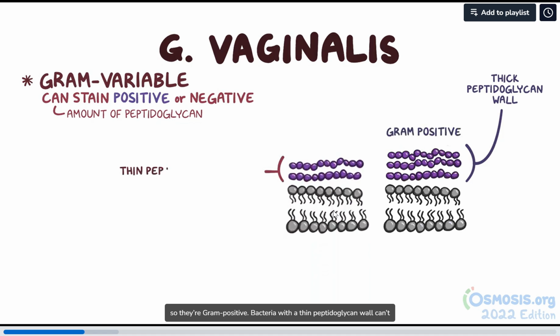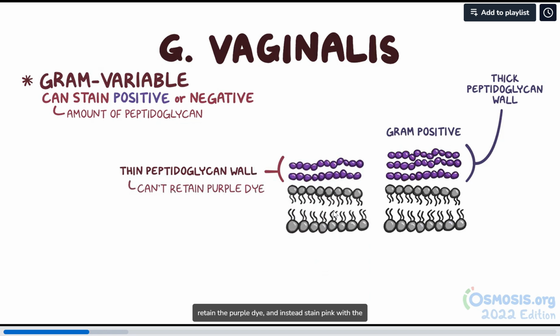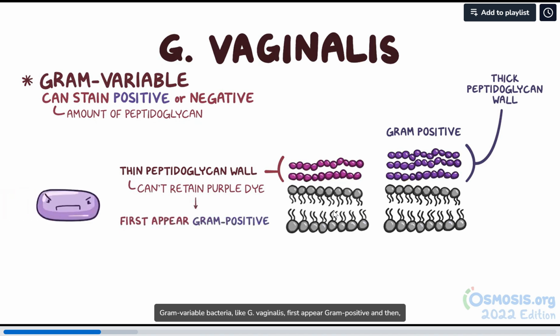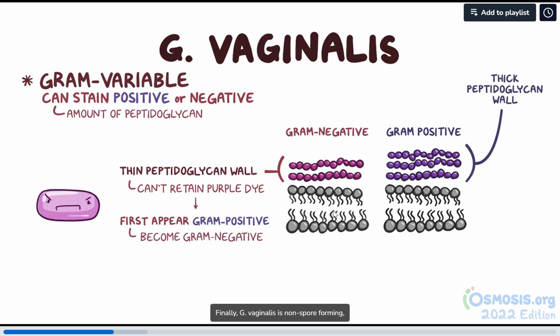Bacteria with a thin peptidoglycan wall can't retain the purple dye and instead stain pink with the safranin dye used during gram staining. So gram variable bacteria, like G. vaginalis, first appear gram positive, and then, as the culture ages, they gradually lose the peptidoglycan in their wall. And once their wall is too thin to retain purple color, they become gram negative.